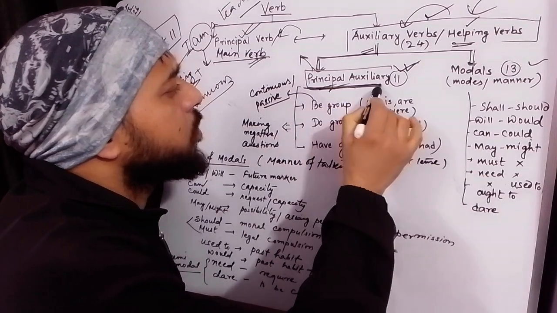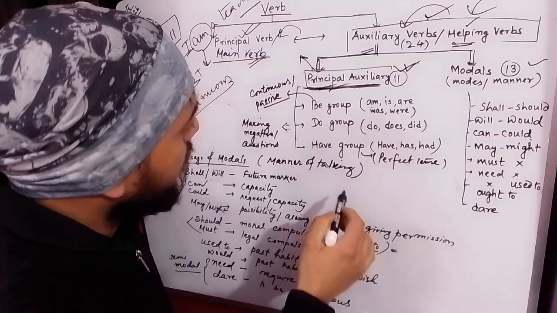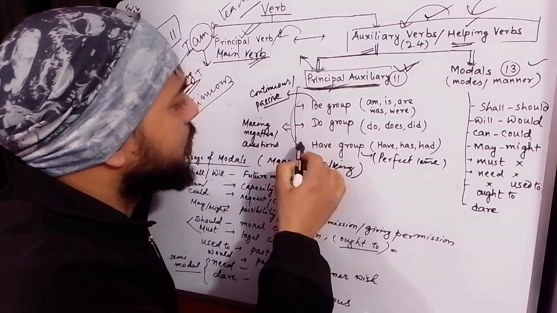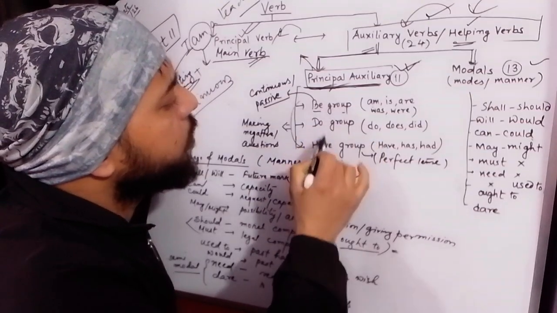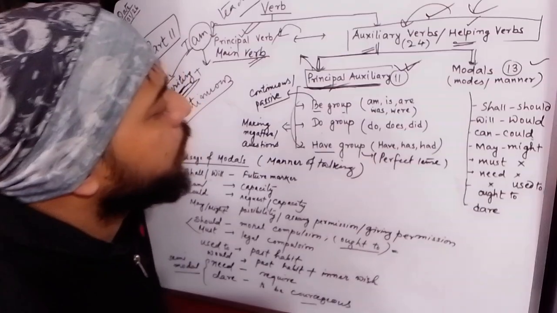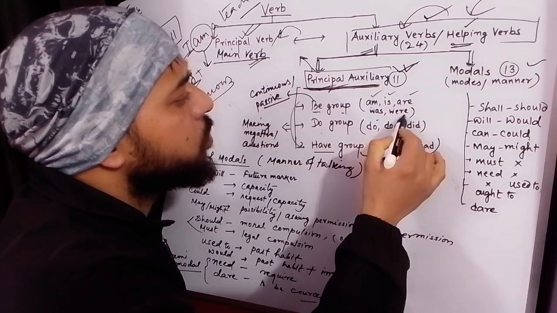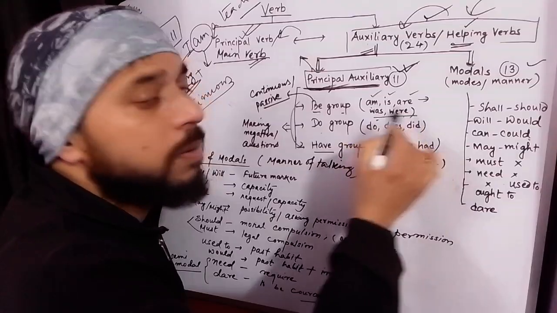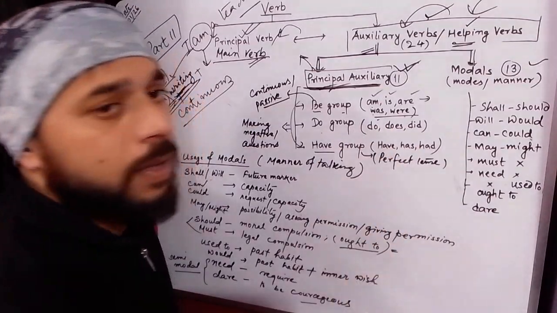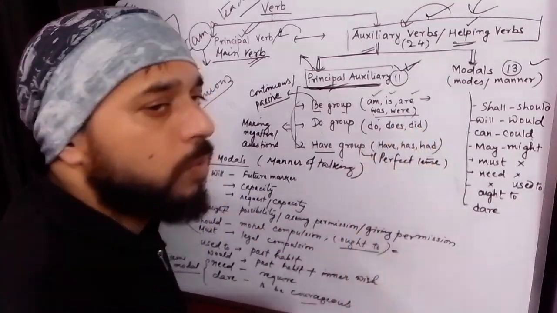Now, principal auxiliaries are of three categories: be group, do group, have group. Under be, we can see am, is, are, was, were, where am, is, are are in present tense, and was, were in past tense, was in singular form, were in plural form.